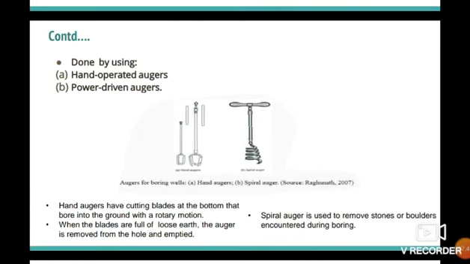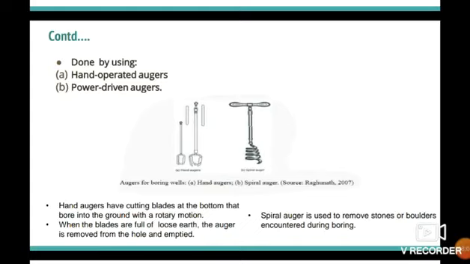Augers are the devices you can see in this figure. Augers are used to drill small holes. It consists of a handle and a sharp bottom end, which is used to make holes or remove the soil from that position. A spiral auger is used to remove stones or boulders encountered during boring.